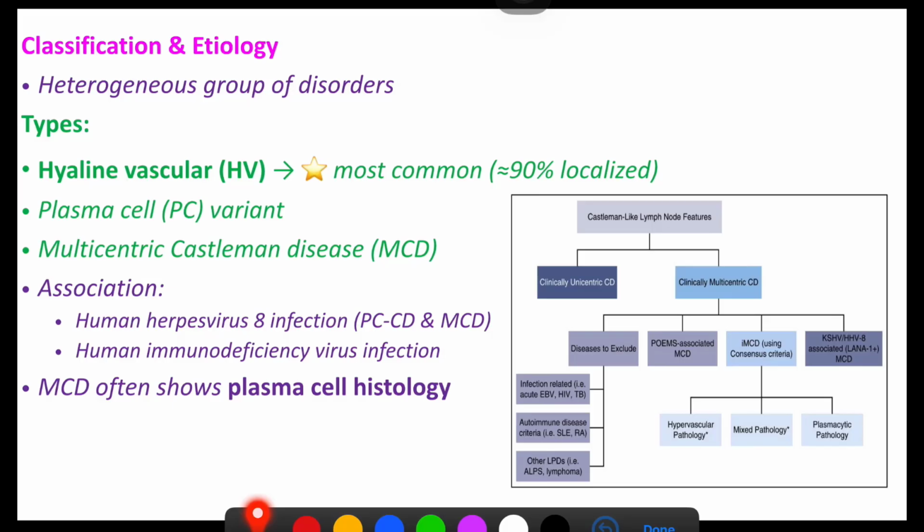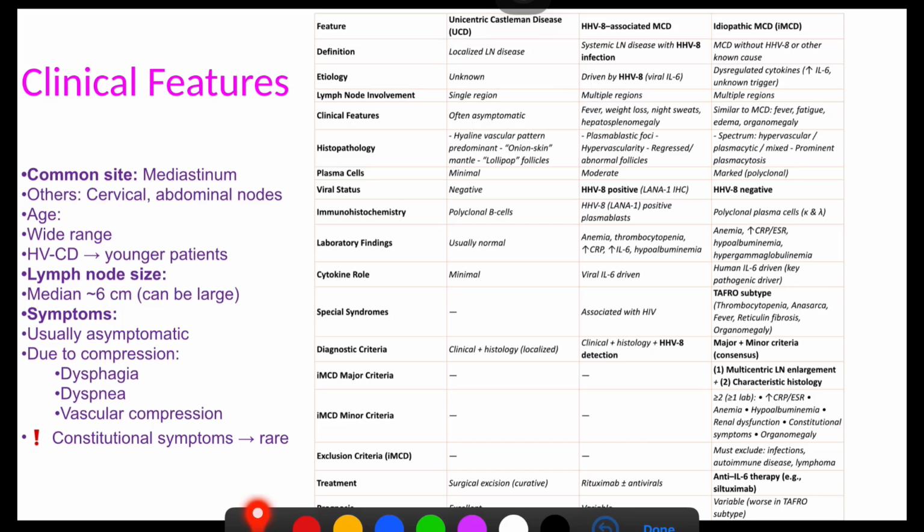disease. And here the common site is mediastinal lymph node. Others sometimes develop cervical and abdominal nodes too. Age has a wide range, and mostly this variant is common in younger patients.